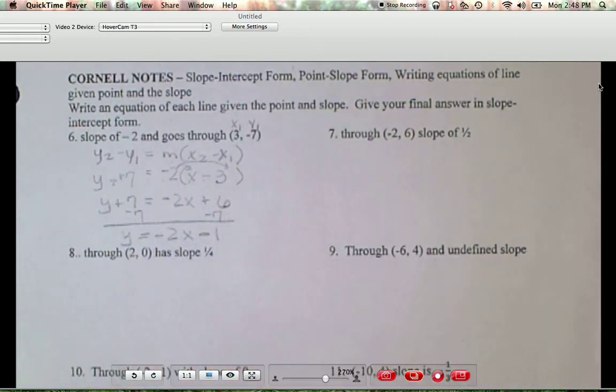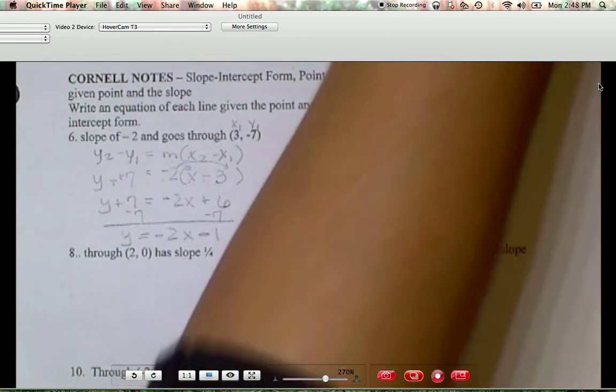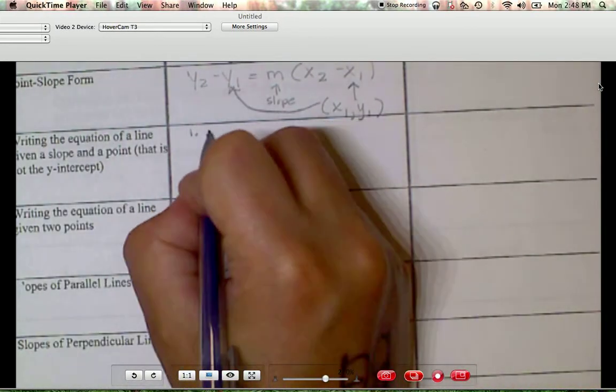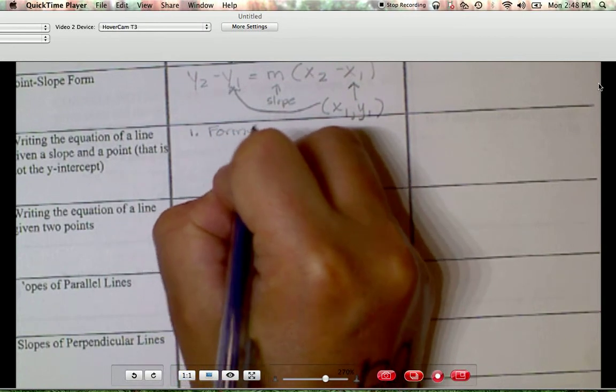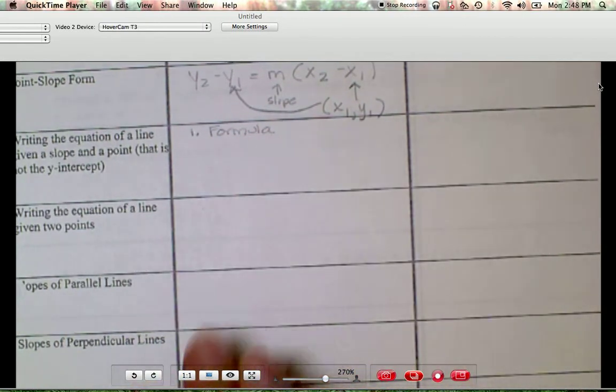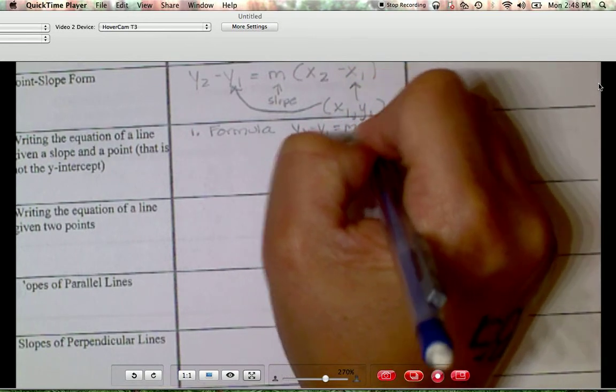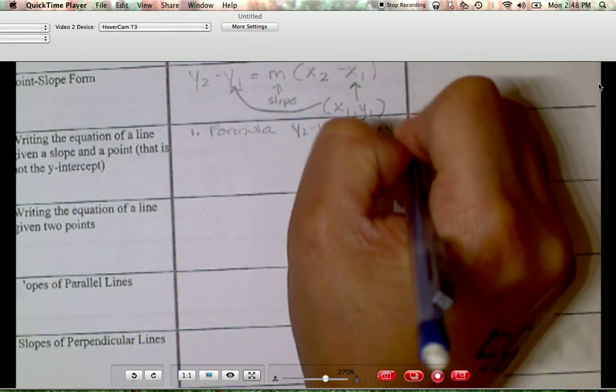All right, so let's write down what those steps are that we used here on your Cornell note sheet. Number 1, for now, until you have memorized the formula, you want to write the formula first, which I'll write again: y2 minus y1 equals m times x2 minus x1.